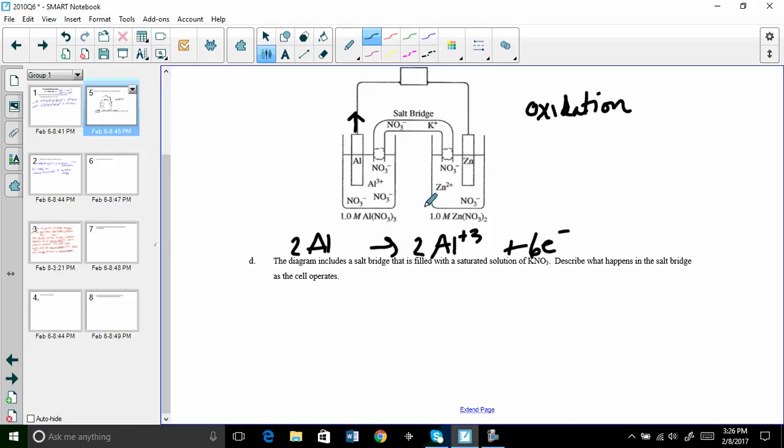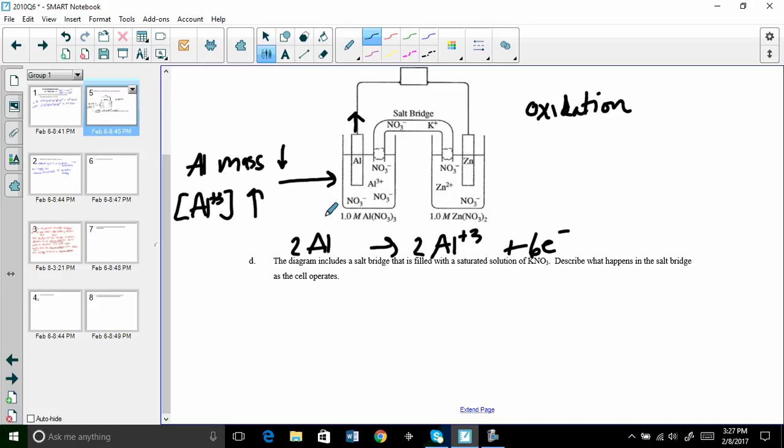Now, here's the deal. The aluminum metal turns into an aluminum ion. A couple things happen in this half cell. The aluminum mass goes down. Why? Because the aluminum metal is dissolving, turning into an aluminum ion. The aluminum mass goes down, but the concentration of the aluminum ion goes up.